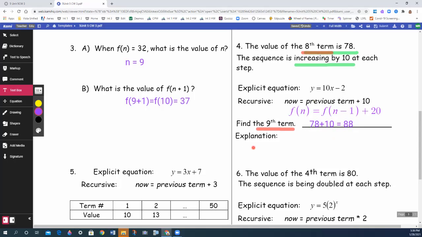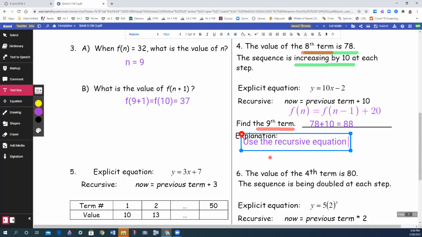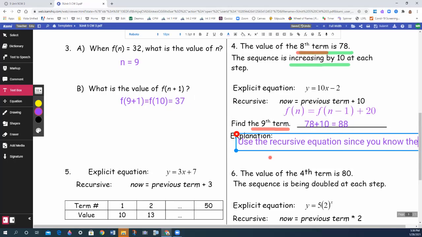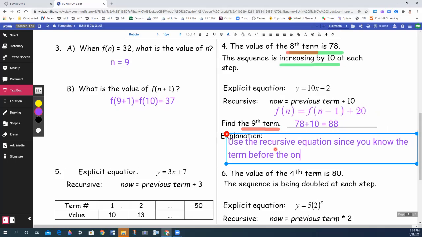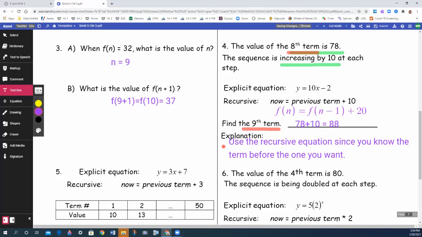So explanation: use the recursive equation since you know the term before the one you want. So that's when I use the recursive. If I know the term in front of the one I want, use that and do the math that they say. Add 10, multiply by 2, divide by 7, whatever they're saying to do.